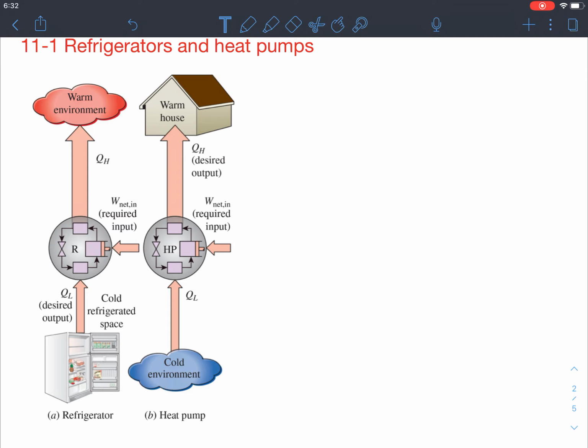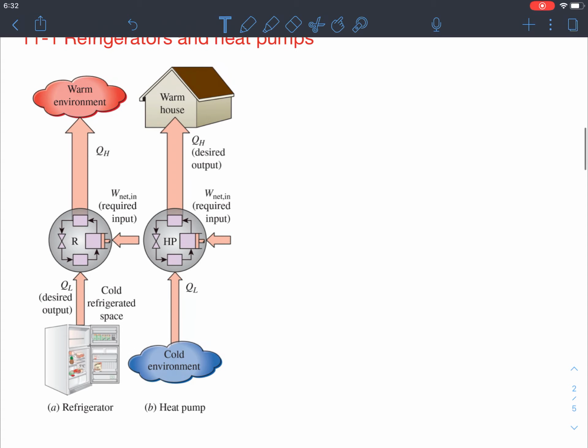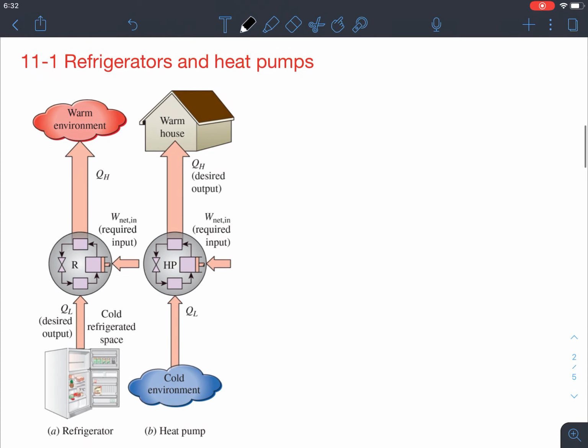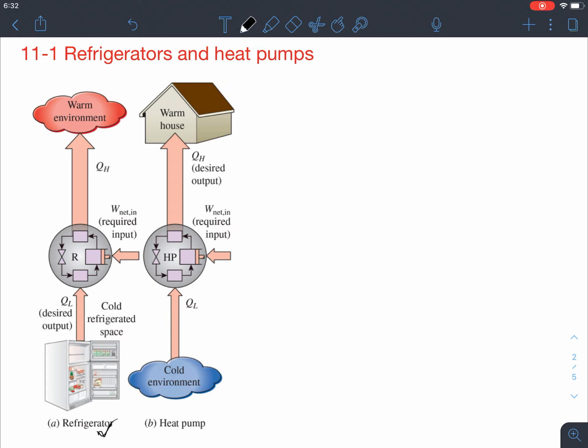You can see in this diagram that the refrigerator here is creating the cooling effect within this closed chamber, and the heat pump is creating the heating effect within this residential area. So basically a residential system, right?